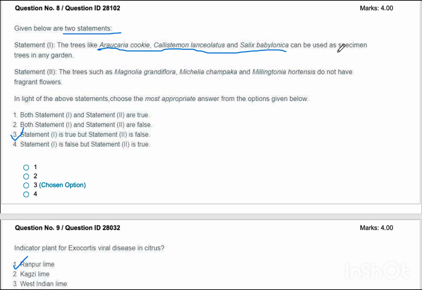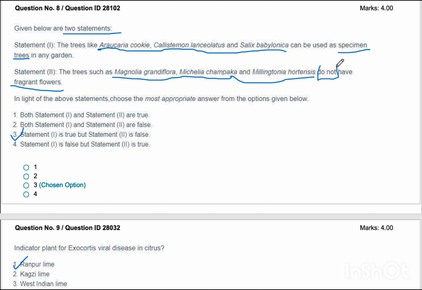And statement 2 is: the trees such as Magnolia grandiflora, Michelia champaca and Millingtonia hortensis do not have fragrant flowers. So make sure you read each and every word with consciousness because it is a negative sentence. Do not have fragrant flowers.